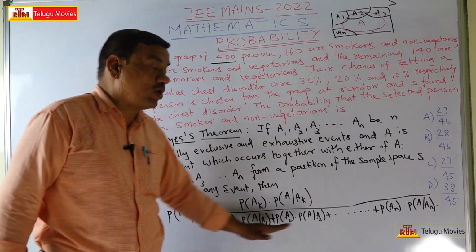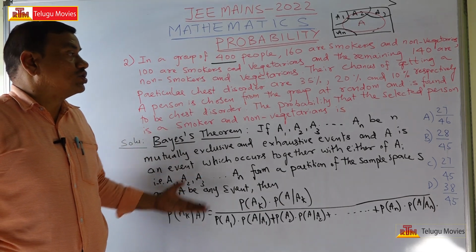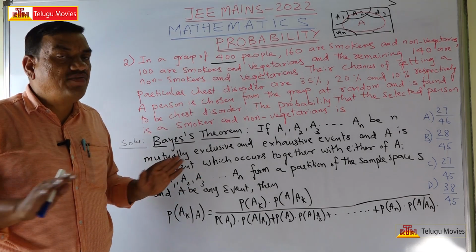That is the sum of the probabilities. If you know this Bayes' theorem, the solution of this problem is very easy.